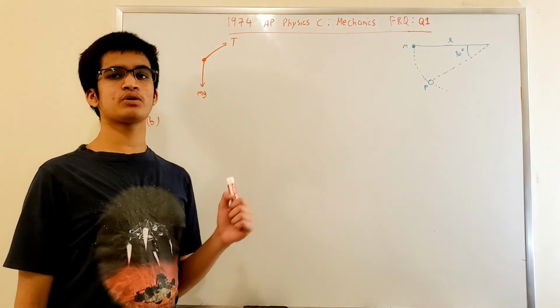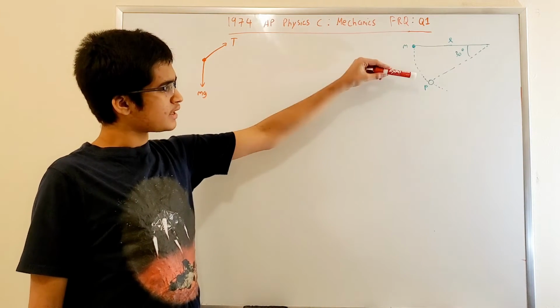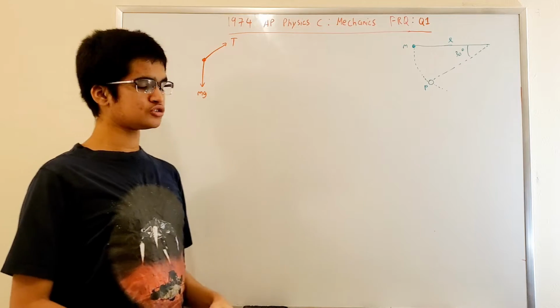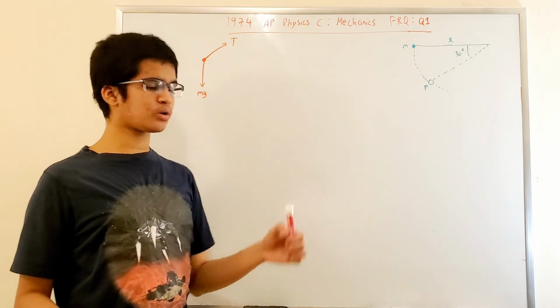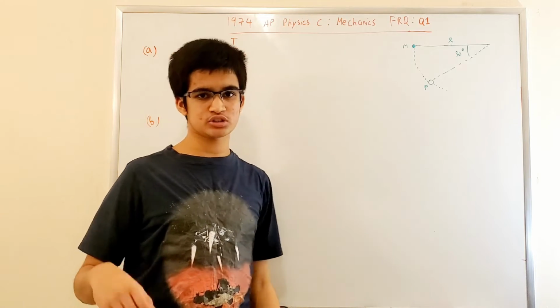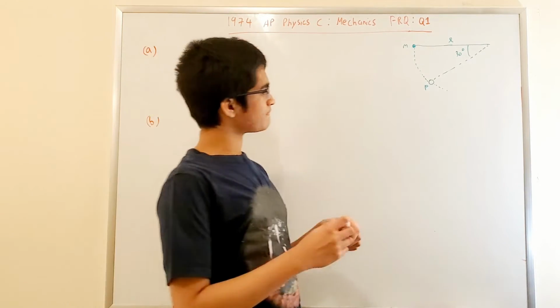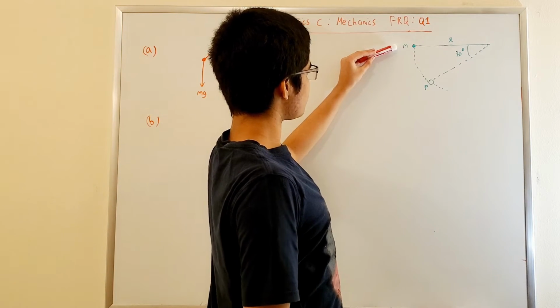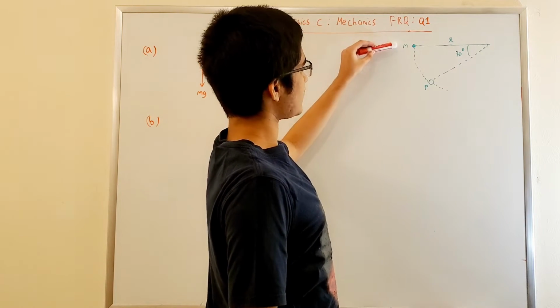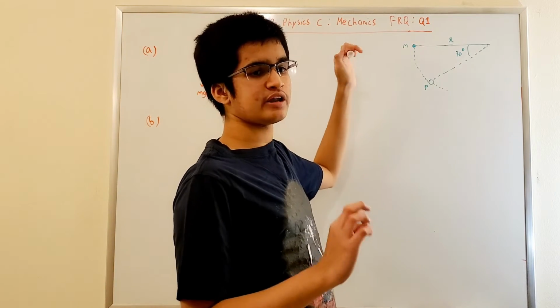Part B of the question asks us to find the speed of the mass at point P. Whenever I see a question which asks us to find the speed of something in these sorts of situations, I always think of energy. At the beginning our mass is not moving, so it's going to have zero kinetic energy.